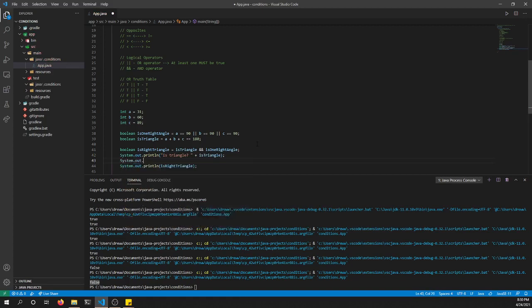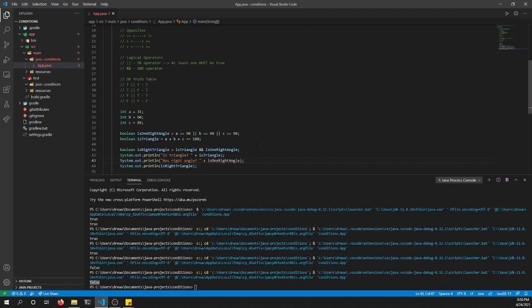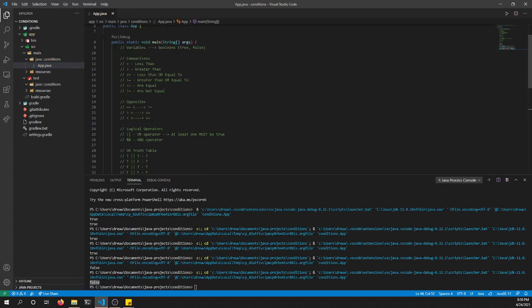The has right angle is going to be based only on is one right angle. And then the is right triangle is going to be based on the is right triangle variable. So let's run that again.